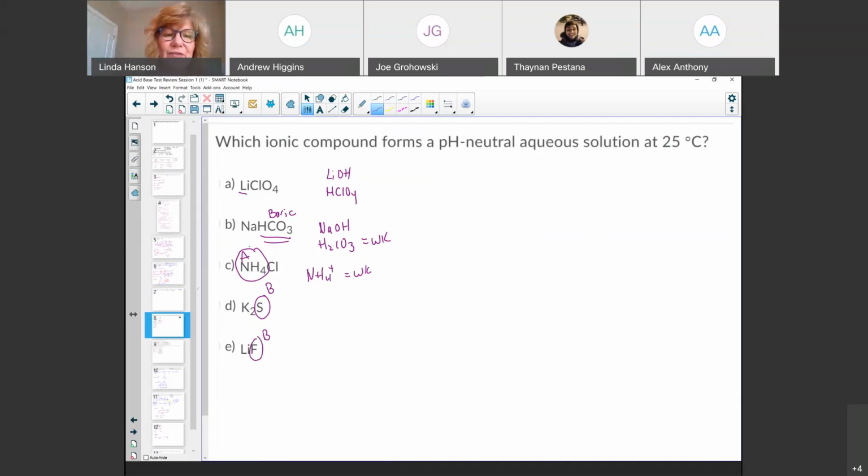If you don't see a salt with a nitrogen in it, then no effect from the positive ion. That's kind of my trick, is knowing that if I can find a weak parent, if it's in the first position acidic, if it's in the second position basic, and it goes as fast as that. Perfect.